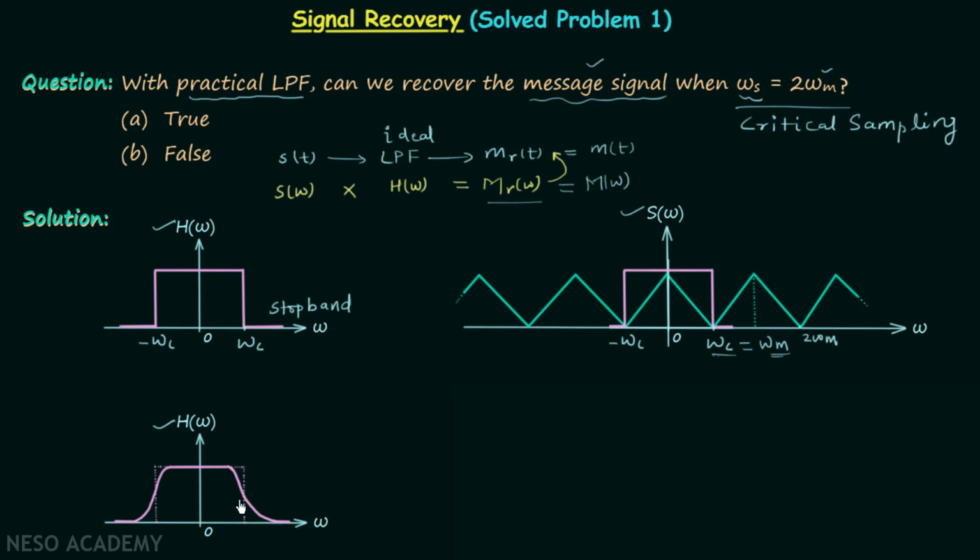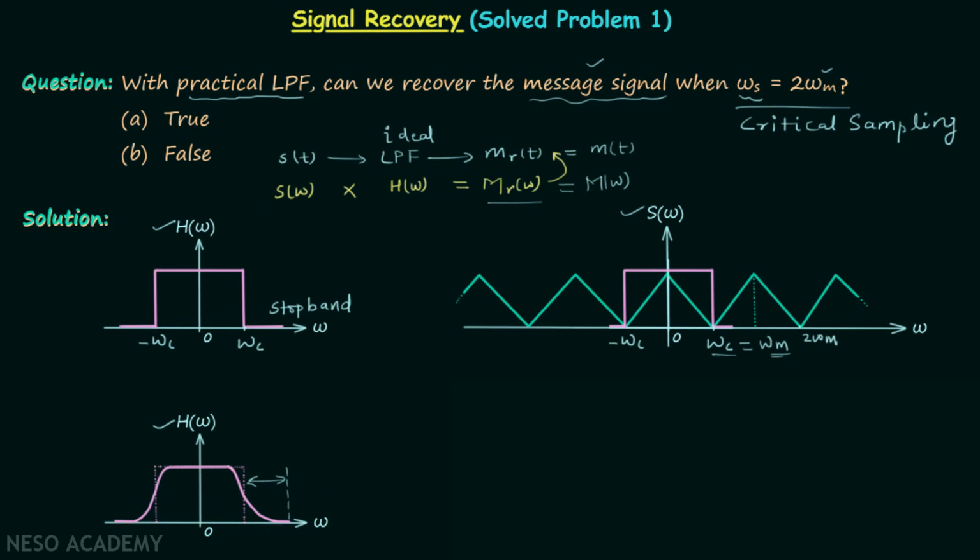From here to here it is the pass band, and from here to here this portion is known as the transition band. So there is a transition band, and because of the transition band, the stop band will start from here.